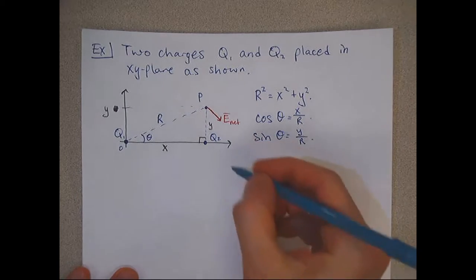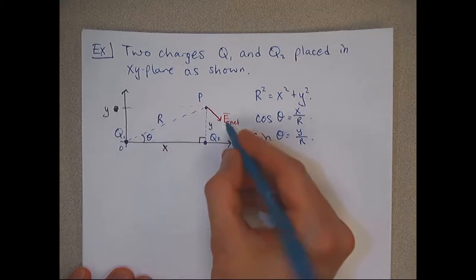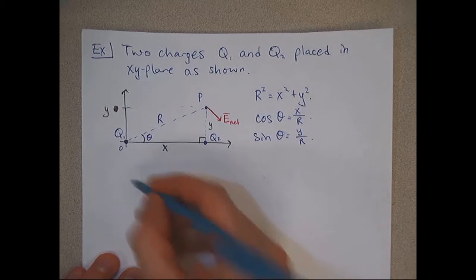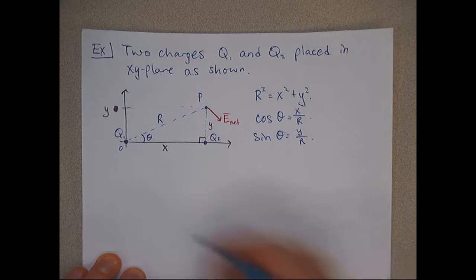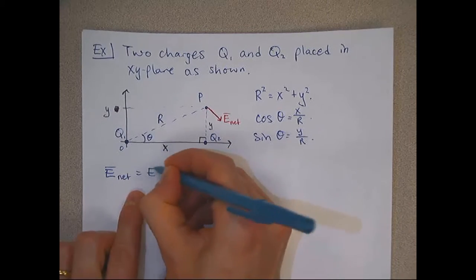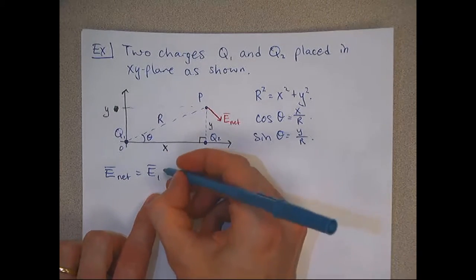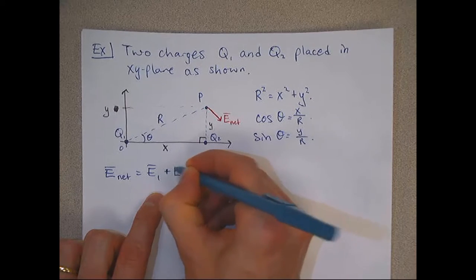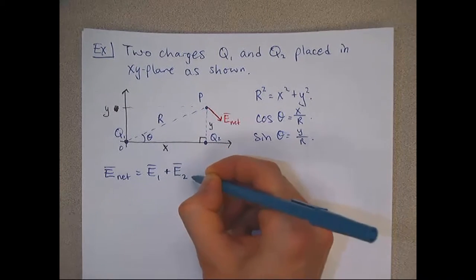For now, we need to determine this electric field by finding the electric field which is generated by each charge separately, and then adding them as vectors.